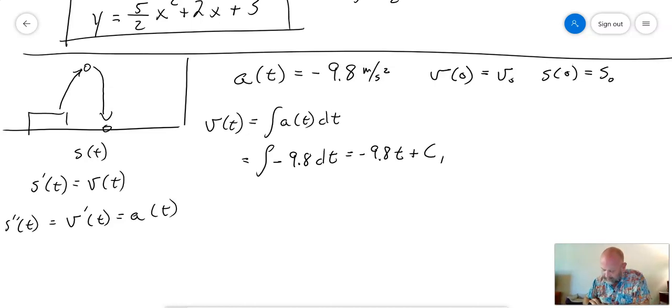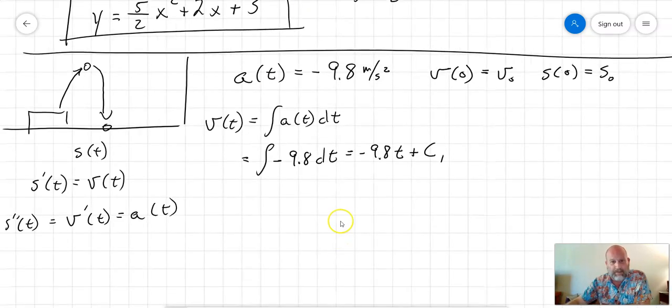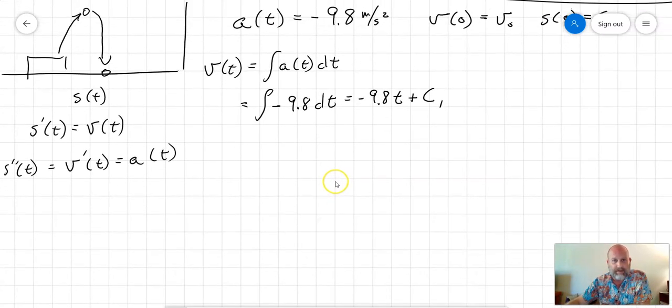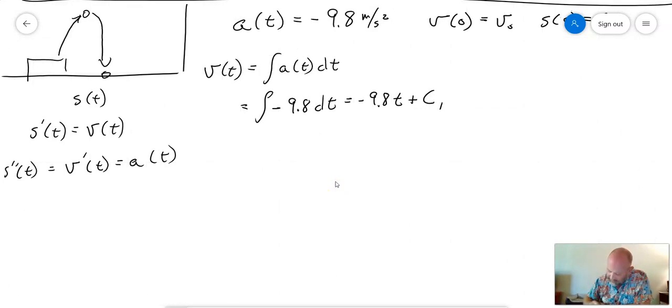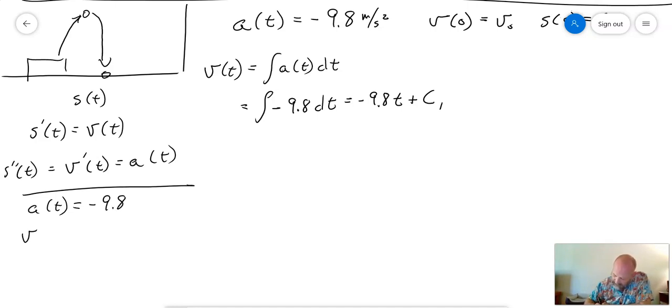I'm going to scoot this up a little bit, that way we keep everything on there. Okay, so we know a of t is equal to negative 9.8. v of t we just found to be negative 9.8 t plus some constant.